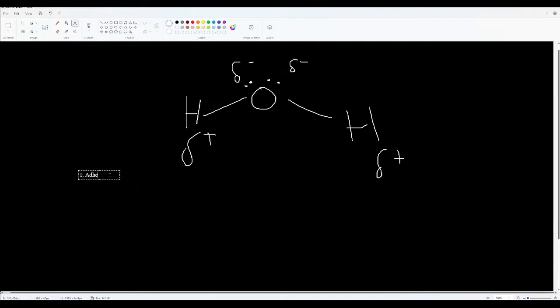1 is adhesion. 2 is cohesion. 3 is high specific heat. And 4 is ice is less dense than liquid.